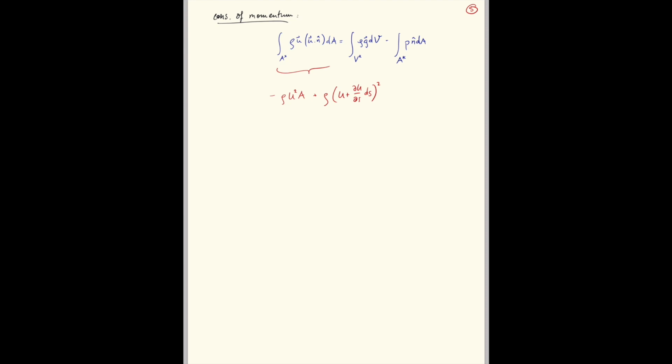Right, we have an extra u term here, otherwise the integral doesn't change, and the area of the outlet is as before. So this is the left-hand side.